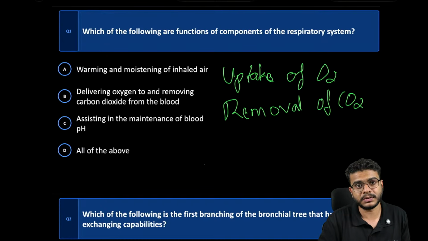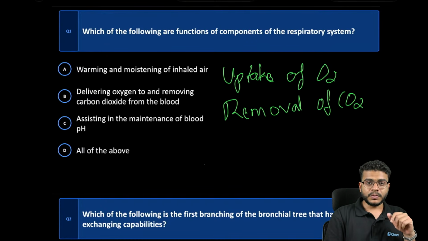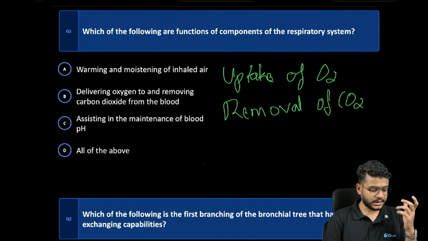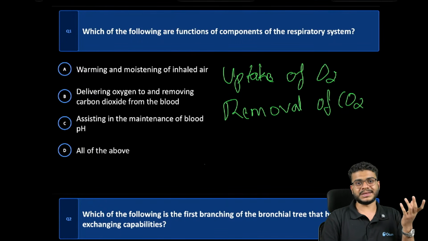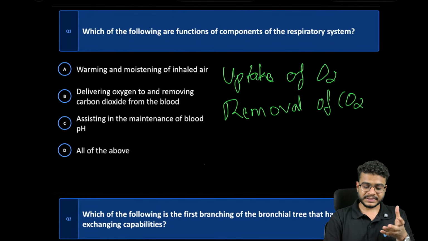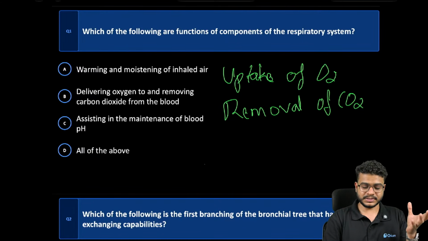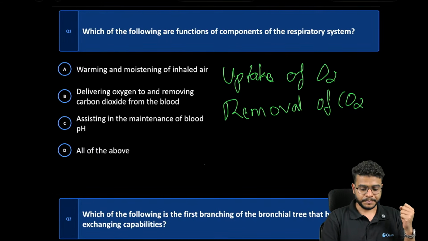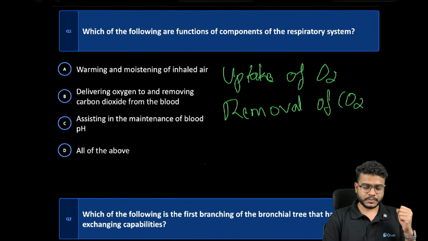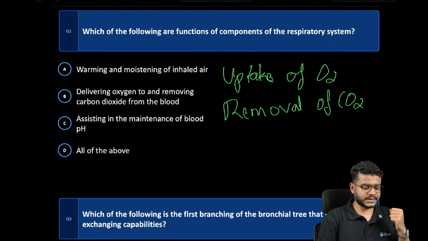Along with this, the respiratory system also has some non-respiratory functions, which include vocalization, olfaction, balancing the acid-base system, regulating the temperature, and warming and moistening the inhaled air, etc.